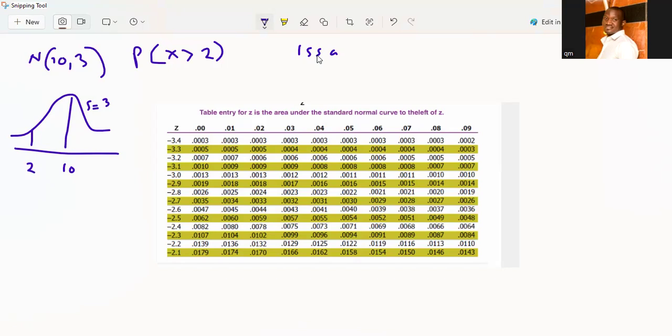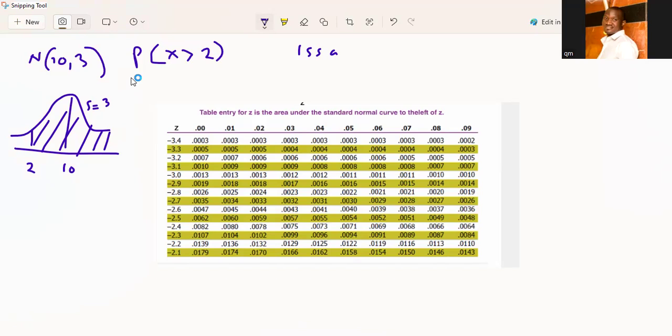Where we shade is determined by the sign that has been given. What sign do we have? Greater or less than? We have greater. So greater than means shade to the right. Then what does the shading tell you? The probability is big.